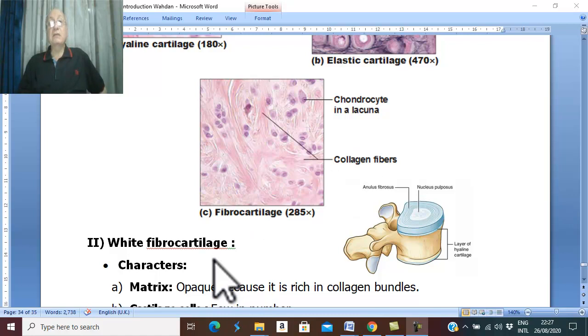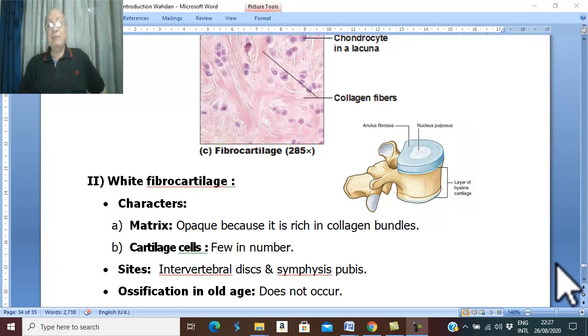What is an example of white fibrocartilage? The white fibrocartilage is mainly present here. What is this? These are the vertebrae, and there is a cartilaginous disc between the vertebrae. When we took the terms before, we said that inter means between.